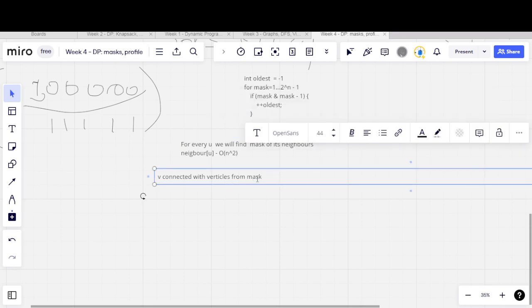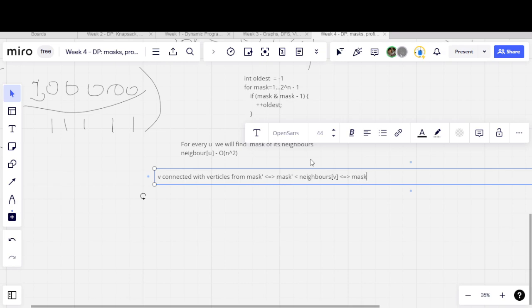And if we have this condition, it's equivalent to what? The mask is contained in the neighbors of v, and how to check it?